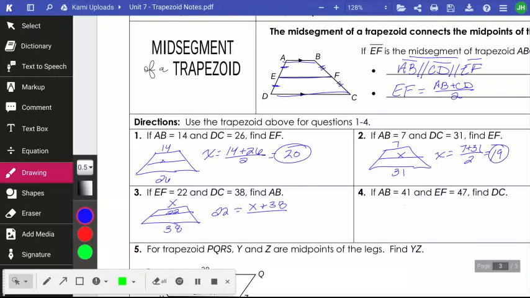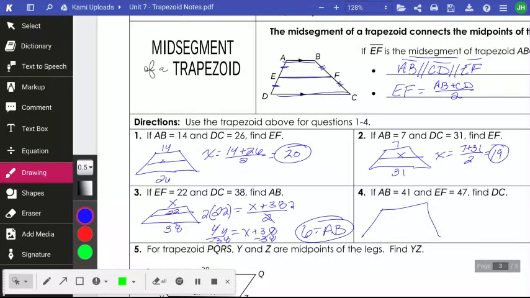So you're doing exactly the same thing, but your X is in a different spot now, because I actually know the mid-segment where I was finding it before. And this you're actually going to have to solve. To get rid of the 2 in the denominator, I can multiply both sides by 2, so that I have 44 is equal to X plus 38. Minus 38 from both sides, and 44 minus 38 is going to be 6. So AB is 6.